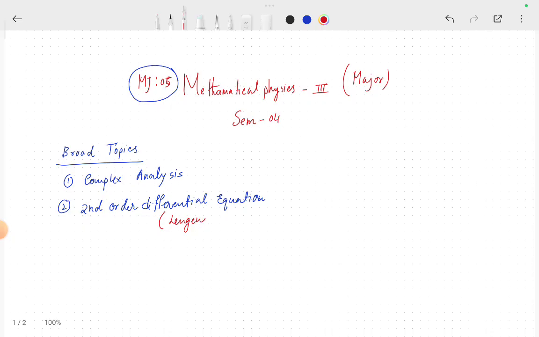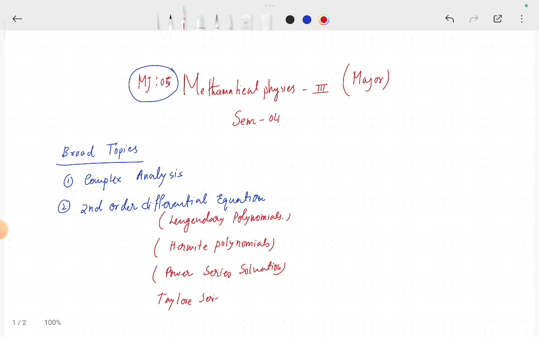In this part we have to cover Legendre polynomials and Hermite polynomials. We also study the power series method and power series solutions, which involve Taylor series expansions, etc., and Laurent series as well.